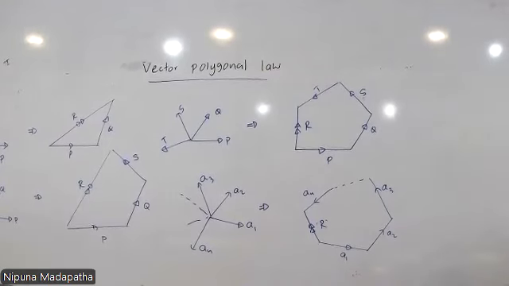The length of the n plus 1 side is 0, which means the resultant of those n vectors must be 0. That means the resultant is 0. Understood?